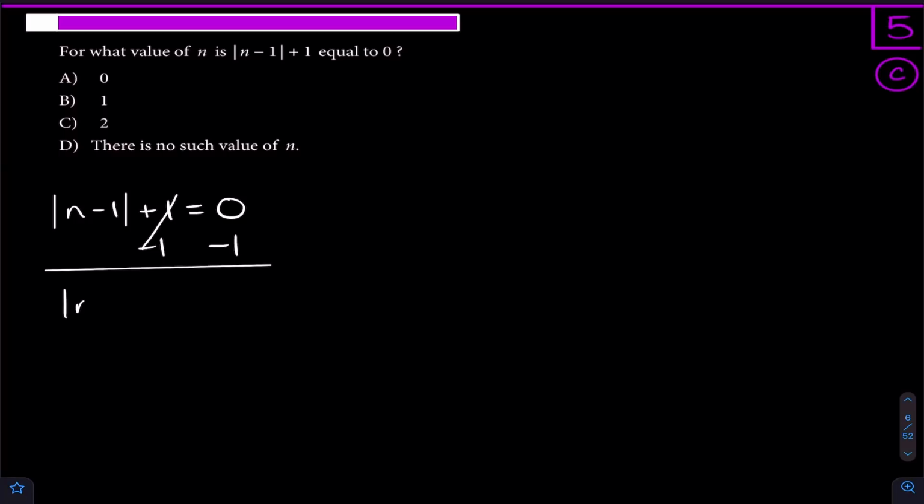And that will give us that the absolute value of n minus 1 is equal to negative 1. But this right here poses a problem, doesn't it? Because the absolute value of something can't be negative. That should be an issue that you see right away. That's not a thing. So no values of n can make this work because just by definition, you can't have the absolute value of a number being negative. And so the answer here would actually be D. There's no value of n that could make this happen.